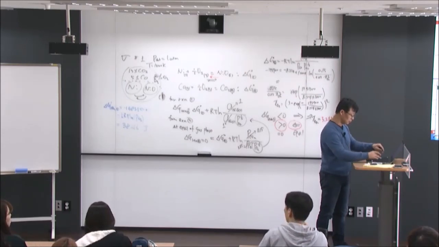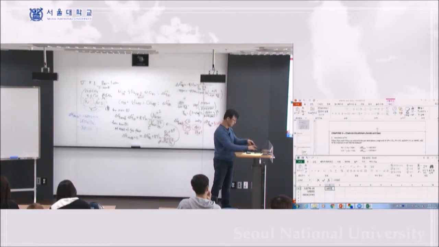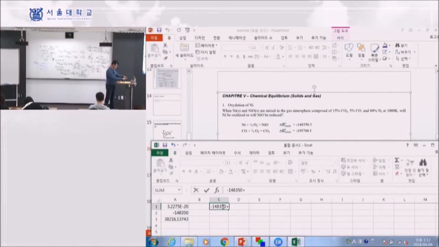So delta G1 minus G2 was minus 148350 plus 195700 plus RT ln, so this will be 0.15 divided by 0.05, or 0.05 divided by 0.15.